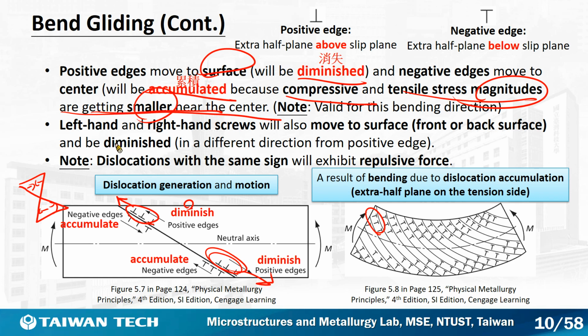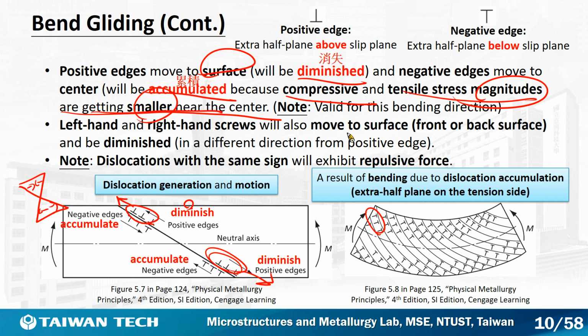And then, how about left hand and right hand screw on this slip plane? Because for the screw dislocation, the motion is perpendicular to the stress directions. So on this slip plane, it will move backward or frontward on the slip plane. So it will be into this screen or out of this screen. But eventually, they will also disappear.